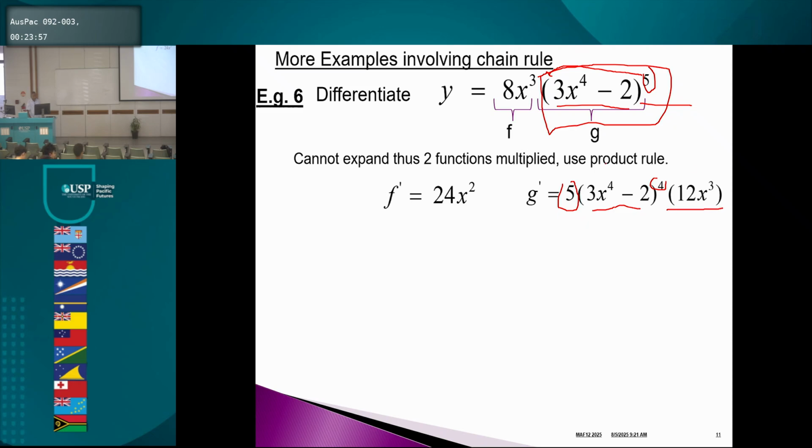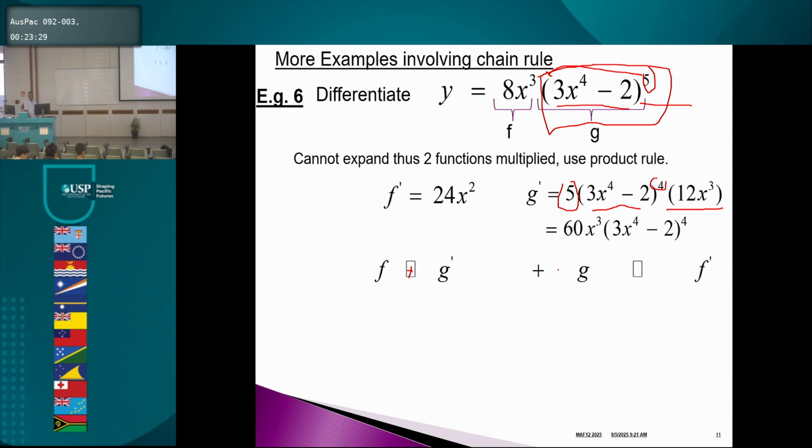Now, I expect you to simplify this further. Well, in actual fact, you can multiply the 5 and the 12x cubed, right? What does that give you? 5 times 12, 60 x cubed. Now, then we will apply the product rule. And what does the product rule say?